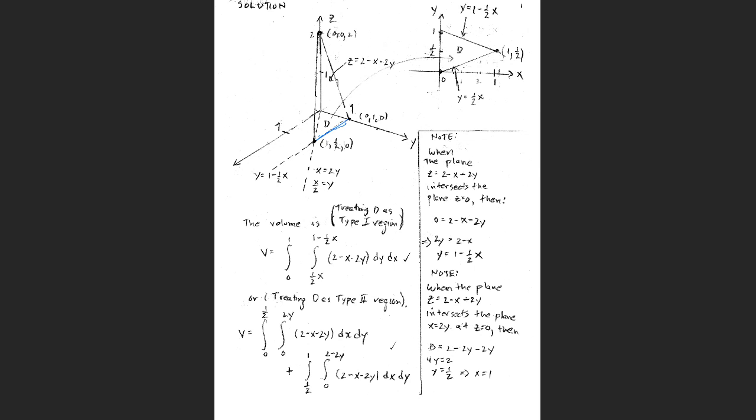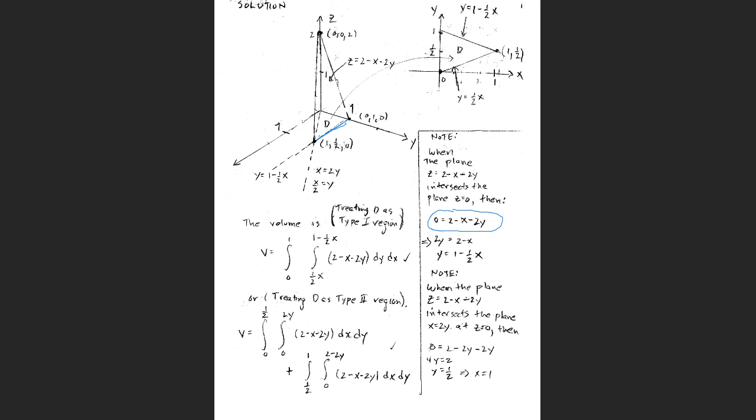The two planes intersect in a line. So how do we find the equation of the line? Well, we set z equals 0 and set it equal to z equals 2 minus x minus 2y.